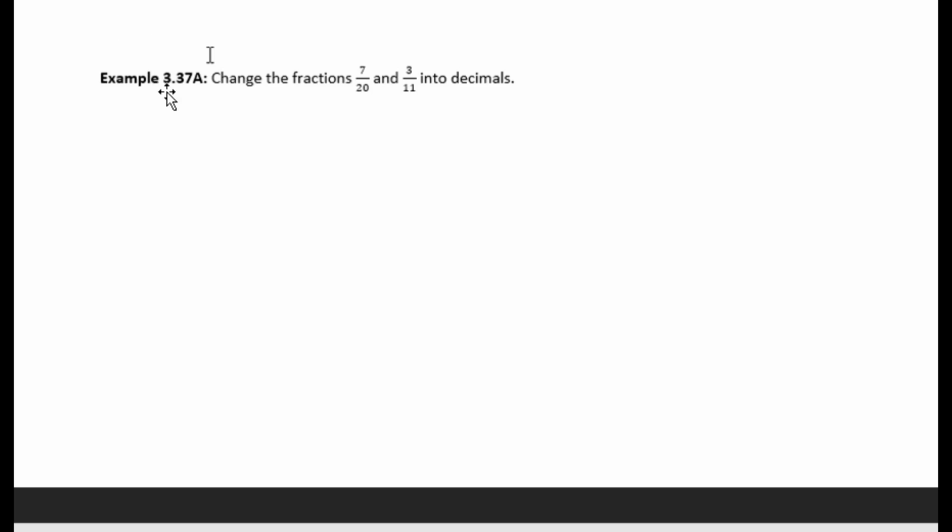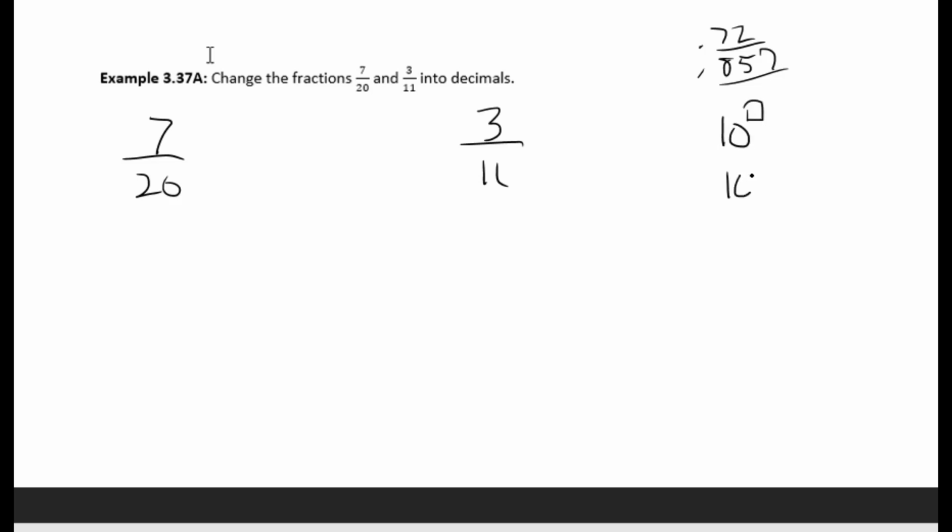Now, most of the time, I'm not going to ask you to do this on a test, right? But I'm going to change these fractions, this one and this one, into decimals. And the way you do this is, well, there's two ways. This way is easier. Any decimal, 0.72, 0.857, any decimal has a denominator that is a power of 10. Right? 10 to the negative 1, 10 to the negative 2, whatever.